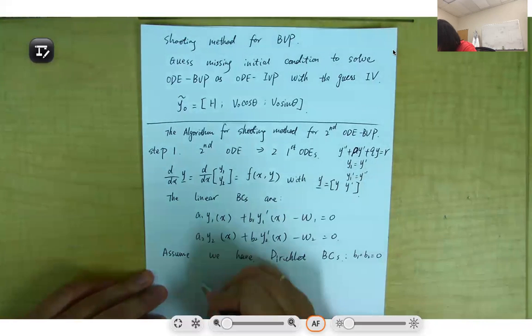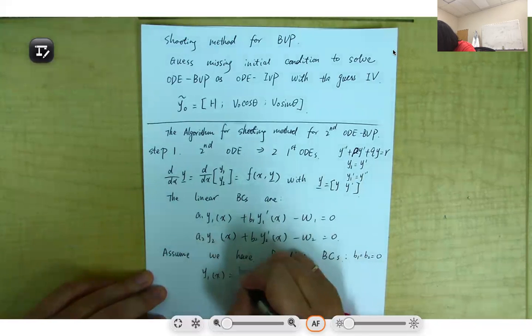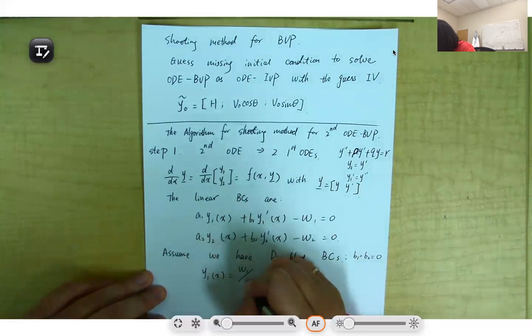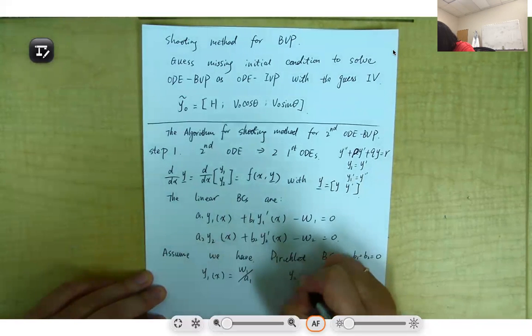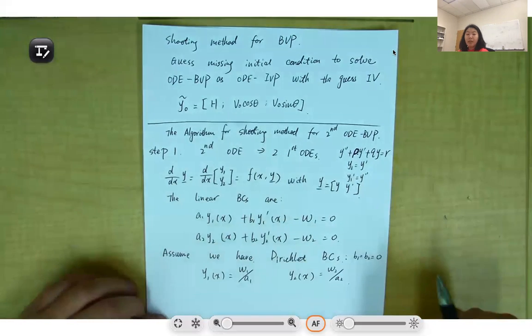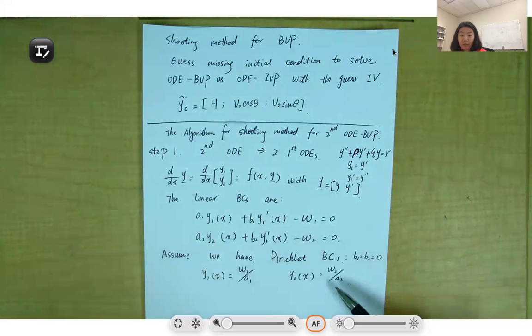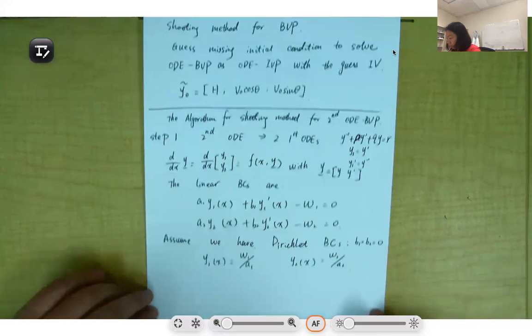Then y1 of x will equal w1 divided by a1, and y2 of x will equal w2 divided by a2. These values are given from the boundary values in the problem set.